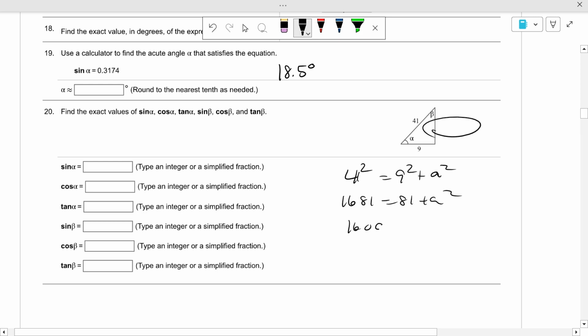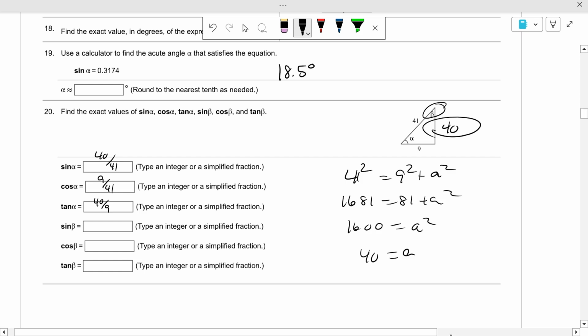Subtract 1,600 equals a squared. So a equals 40. So the sine of A is opposite over hypotenuse, which is 40 over 41. The cosine of A is 9 over 41. The tangent of A is 40 over 9.